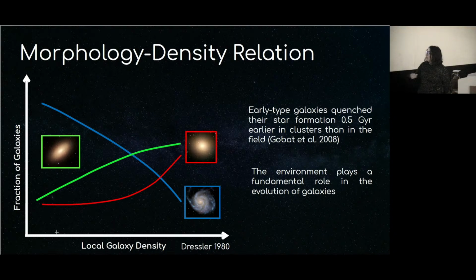Through the years, several astronomers have shown that morphology, star formation rates, colors, mass, and other galaxy properties are strongly related to the environment. Since more or less 5.5 gigayears ago, galaxies quench their star formation earlier in clusters than in the field.